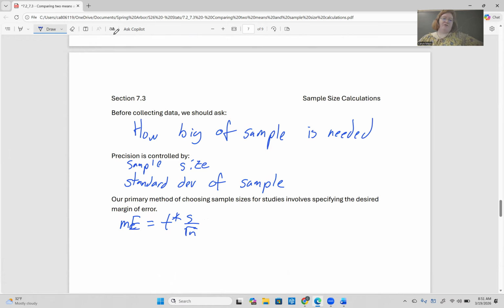So if I wanted to solve for, I'm just going to call it M for margin of error, if I wanted to solve for N, the sample size, how would I solve for the sample size? How do I get N by itself?